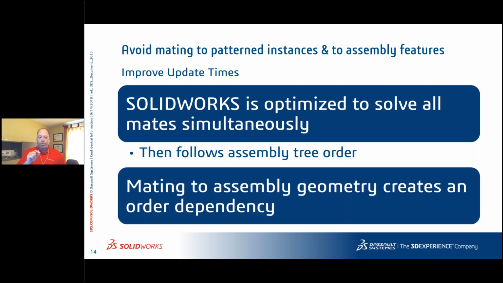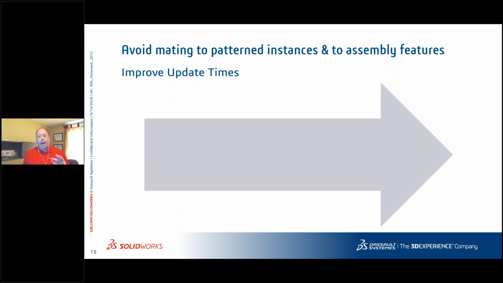Now, when you're mating to pattern instances or to assembly features, you're creating an order dependency, meaning that it can't do everything at once like SOLIDWORKS is built to do. It has to do things in order, and because of that, rather than being in parallel, it's now becoming a sequential operation.